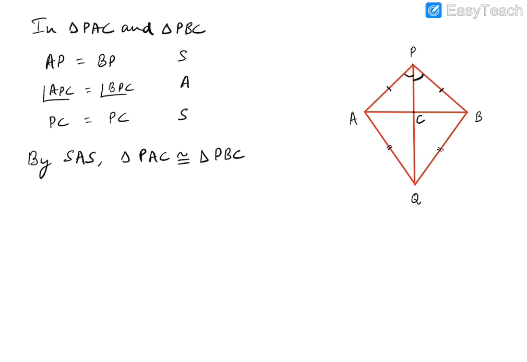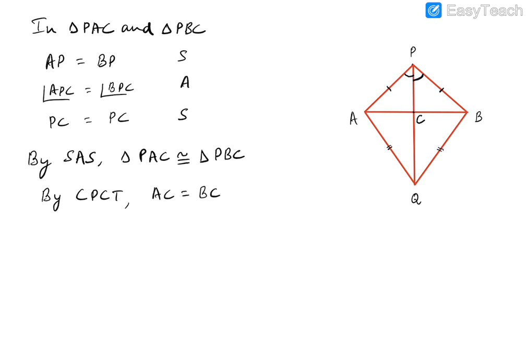The first thing we can state by CPCT is that because these two triangles have been shown to be congruent triangles, their sides must be equal. So we can say that AC is equal to BC. So by CPCT, we can say that AC is equal to BC.